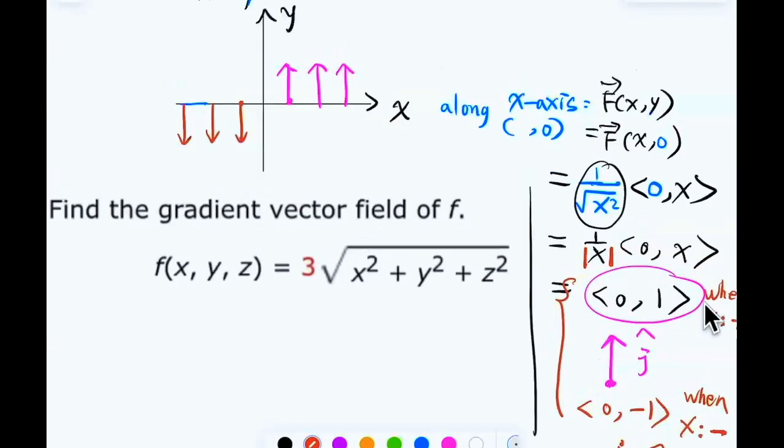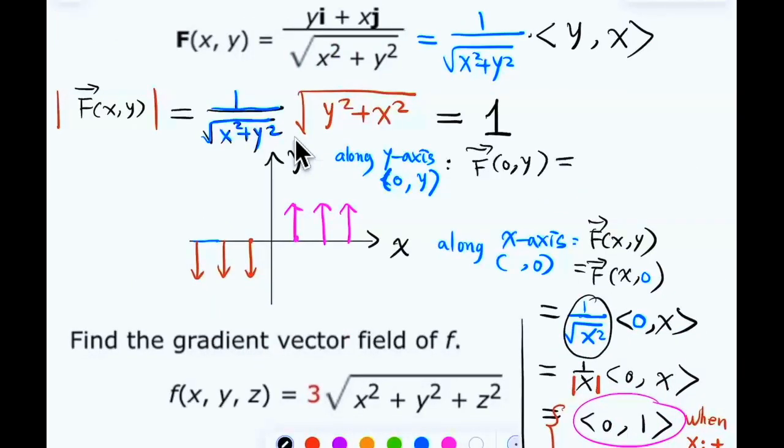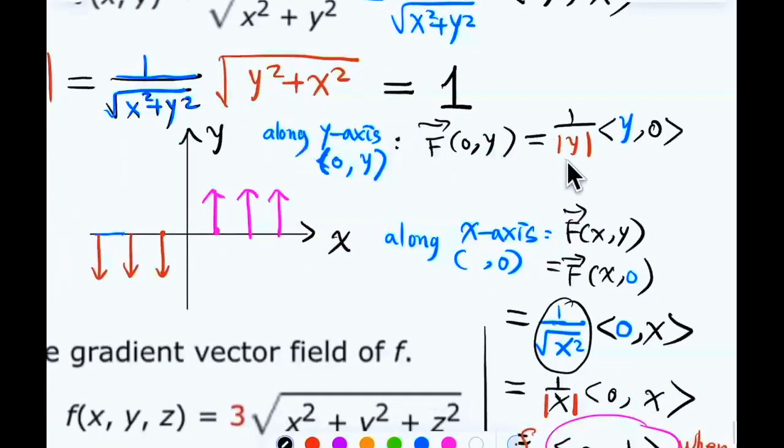Okay. All right. Now let's think about along the y-axis. What happens? So x will be 0, right? And y. So the vector is 1 over the absolute value of y times y, and x will be 0. So looking at this, when y is positive, what do you get?